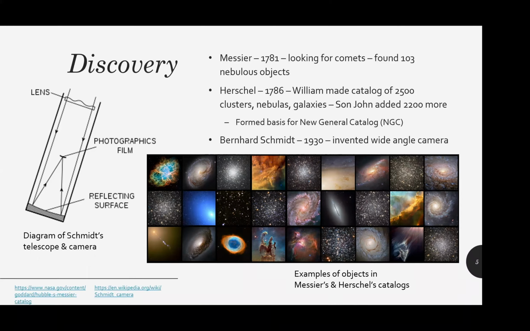So the Herschels' catalog formed the basis for what we use today to classify objects in the night sky, the New General Catalog. So you'll see me reference both Messier's catalog and the New General Catalog in the rest of this talk.